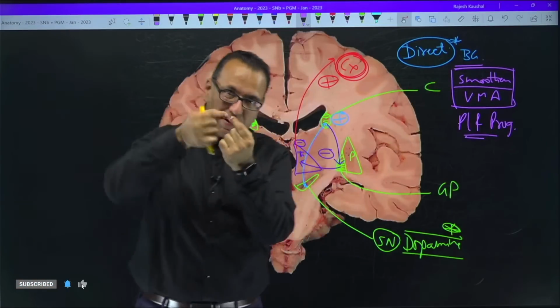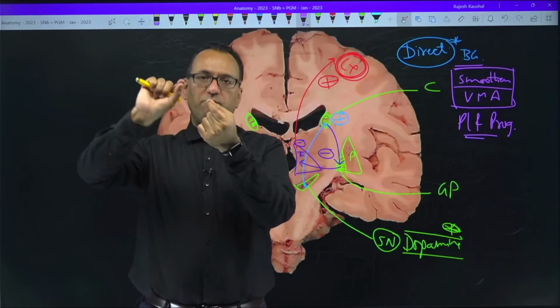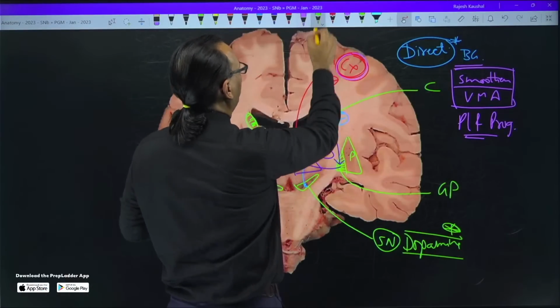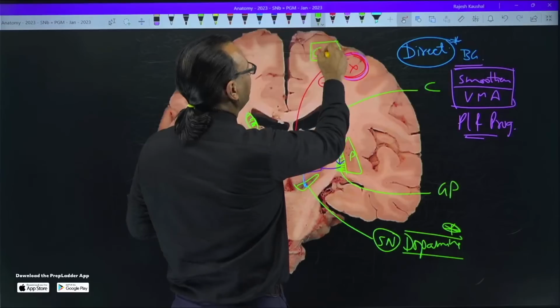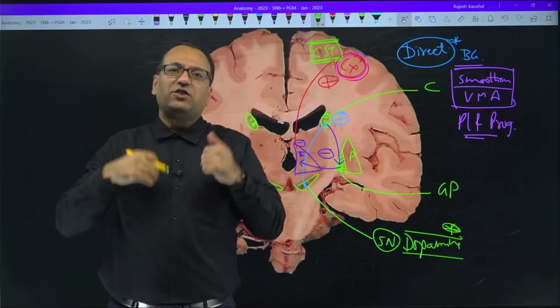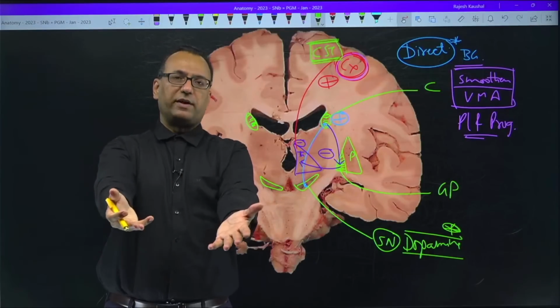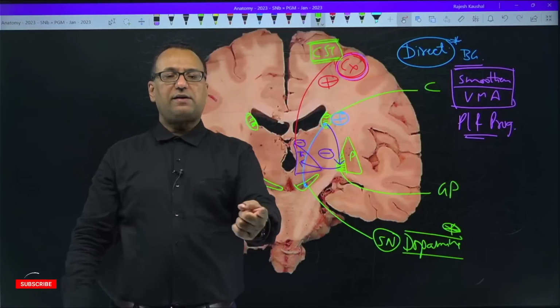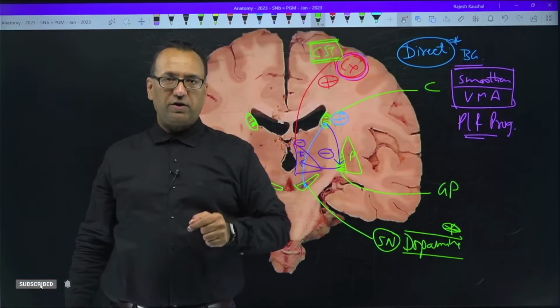But is the movement done by basal ganglia? No. Movement is done by the cerebrum, by the corticospinal tract, which controls the skeletal muscle. Whenever there is a thought of doing a movement, say I'm telling you, there on the table there is a thread and needle, put the thread into the needle.